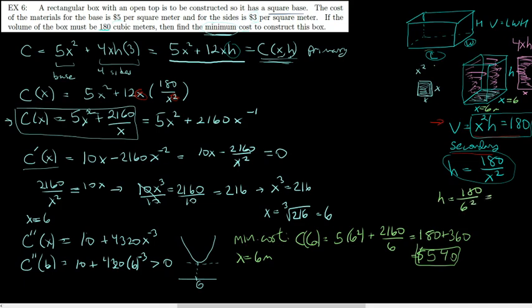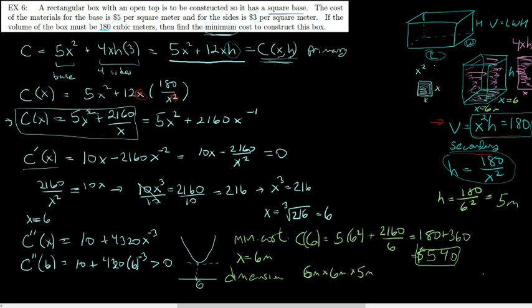So 180 divided by 36 is 5. So 5 what? 5 meters. So the dimensions, if they ask for the dimensions, we can say it's 6 meters by 6 meters by 5 meters.